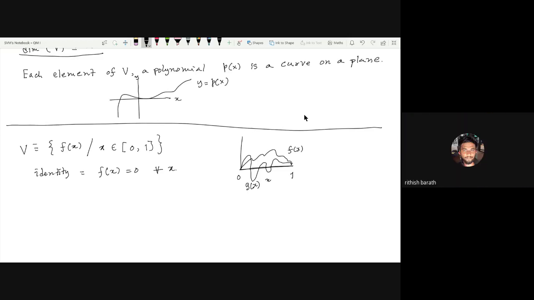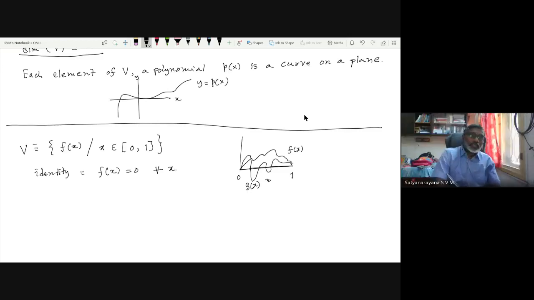Sir, will it be the same criteria for function space also, sir? There is something called a function space. A vector space of functions is called a function space.